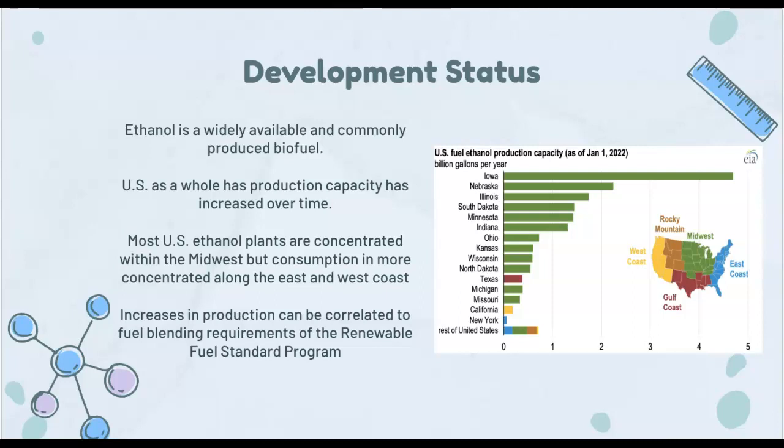Most of the ethanol production plants are concentrated within the Midwest, as can be seen in the image, but most consumption of ethanol was contained within the East Coast and the West Coast. The increase in production can be correlated to the fuel blending requirements of the Renewable Fuel Standard Program, which has helped project the need for ethanol.